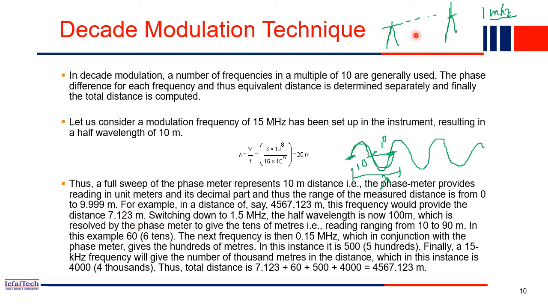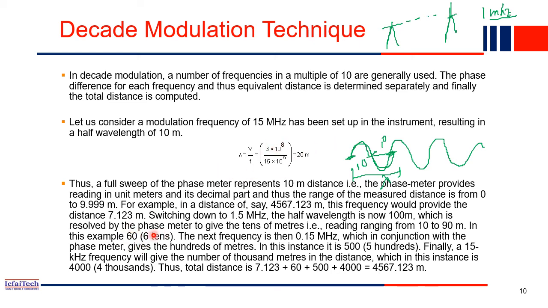Now you change the frequency of the signal to 1.5 megahertz. Initially we sent 15 megahertz and got 7.123 meter. Now with 1.5 megahertz, the half wavelength will be 100 meter, so now you can measure up to 100 meter.